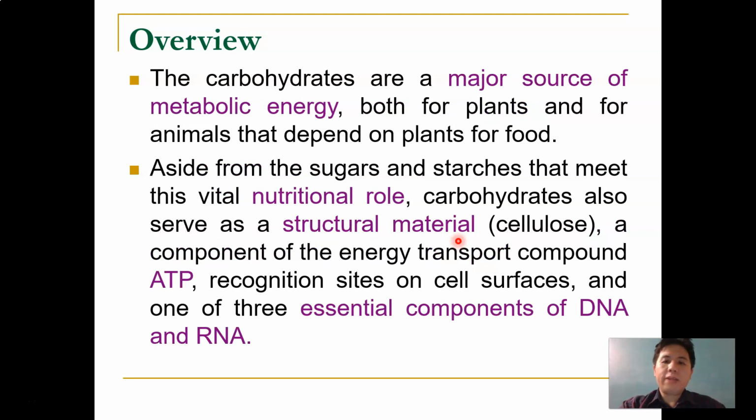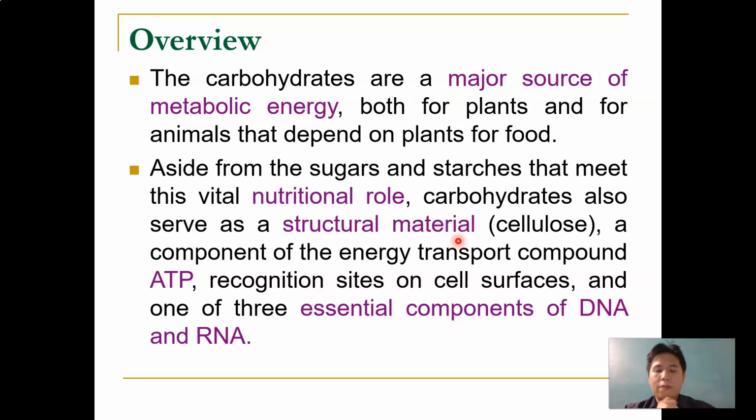Carbohydrates are a major source of metabolic energy, both for plants as well as animals. Animals in general depend on plants for food, because most of the energy on earth actually comes from the sun. Aside from the nutritional value of sugars and starches, they also have a different function. Some carbohydrates serve as a structural material, the most common being cellulose.